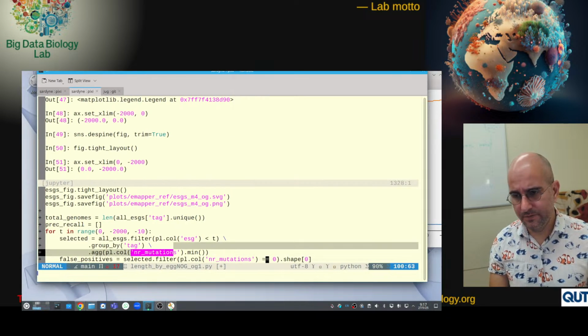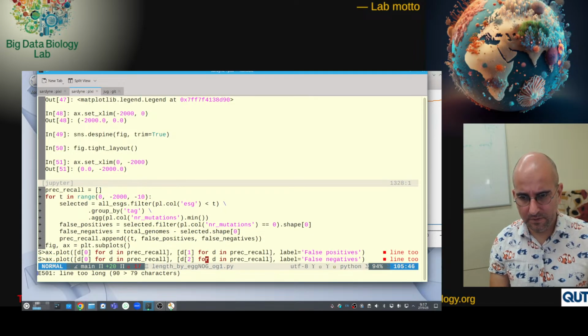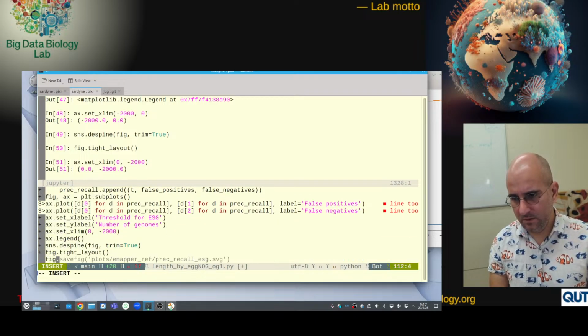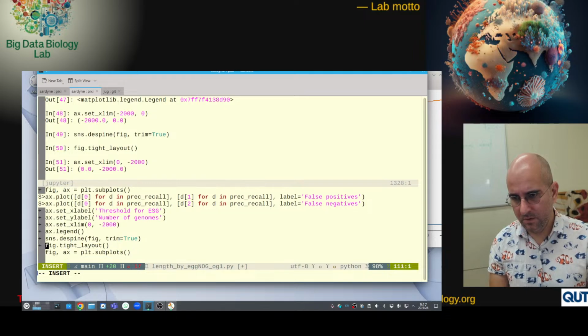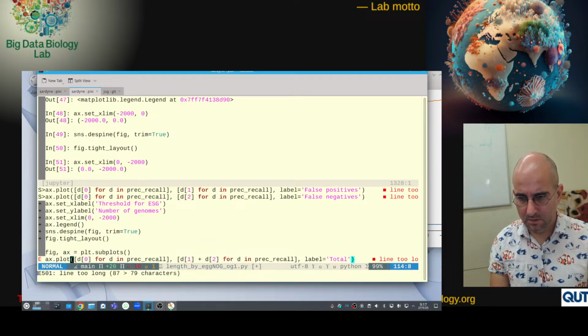Oops, sorry, let's do a proper precision recall curve.